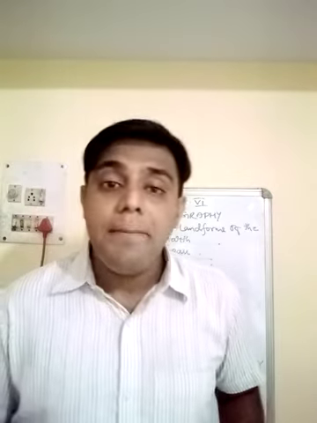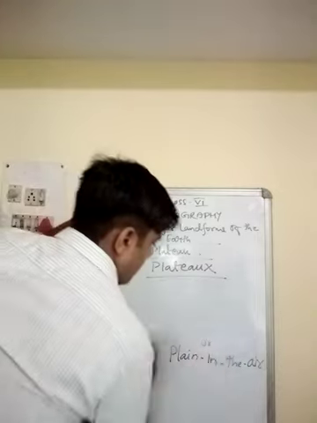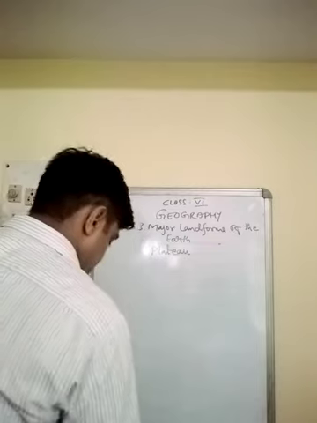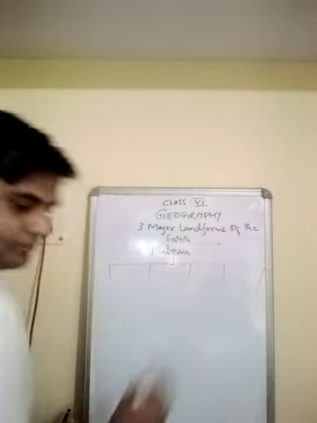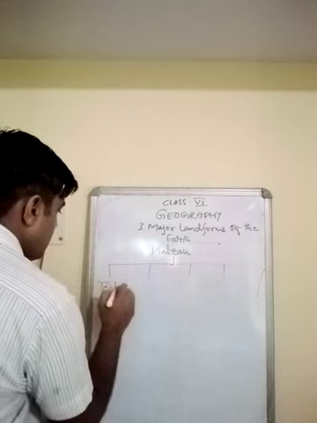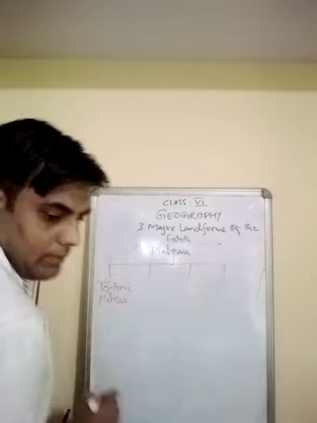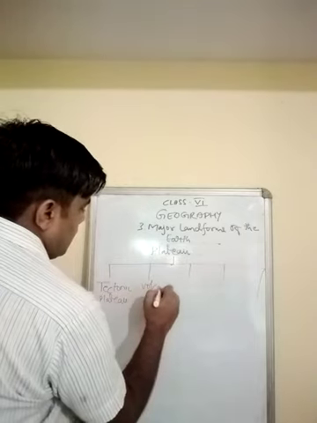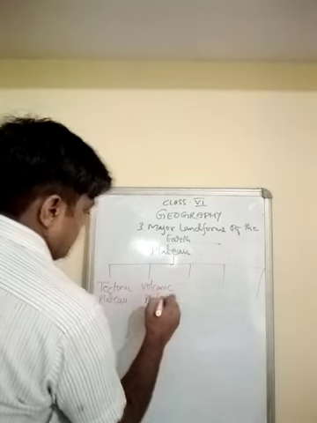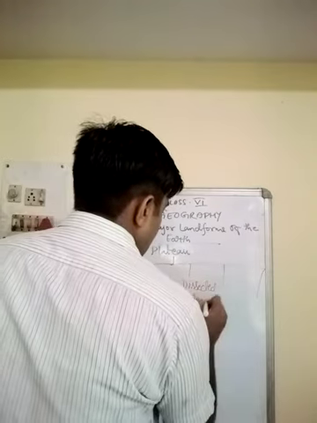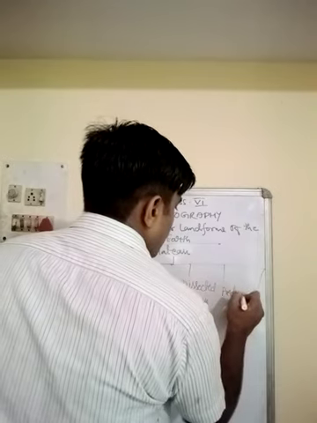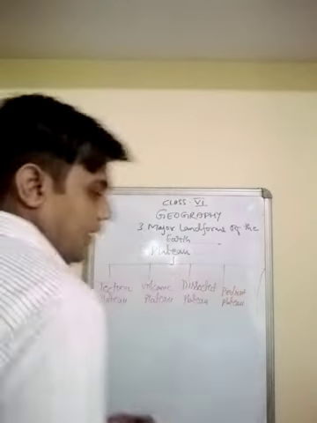Now, coming to the next type of plateaus. Children, when it comes to types of plateaus, you have tectonic plateau, then you have volcanic plateau, then you have dissected plateau, then you have Piedmont plateau, and the last one is intermountain plateau.